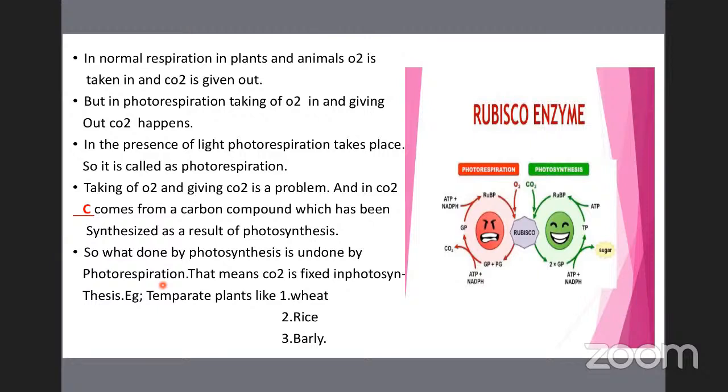That means CO2 is fixed in photosynthesis, whereas it is released in photorespiration. And this nature is observed mainly in temperate region plants like wheat, rice, and barley. So in temperate region plants, we can observe this photorespiration very clearly. The main examples are wheat, rice, and barley.